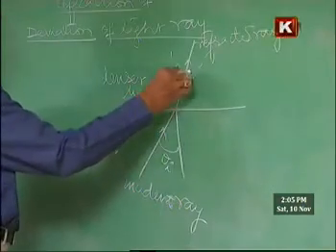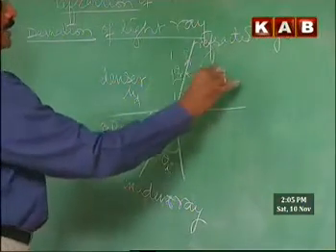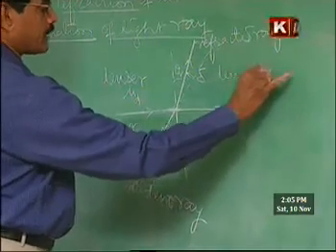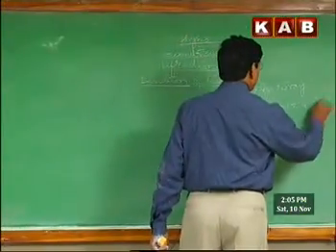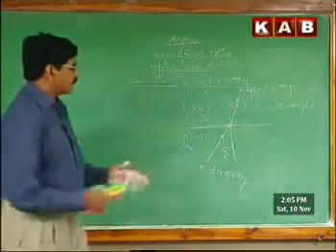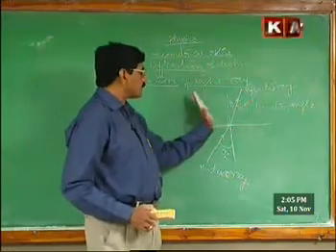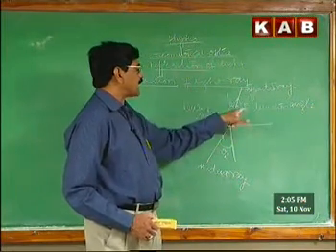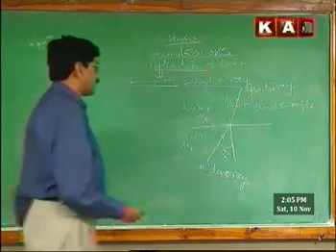So this angle is called the deviation angle or angle of deviation. Instead of going straight, because of the presence of the second medium, it is bending like this. This bending angle is what we call the deviation angle.